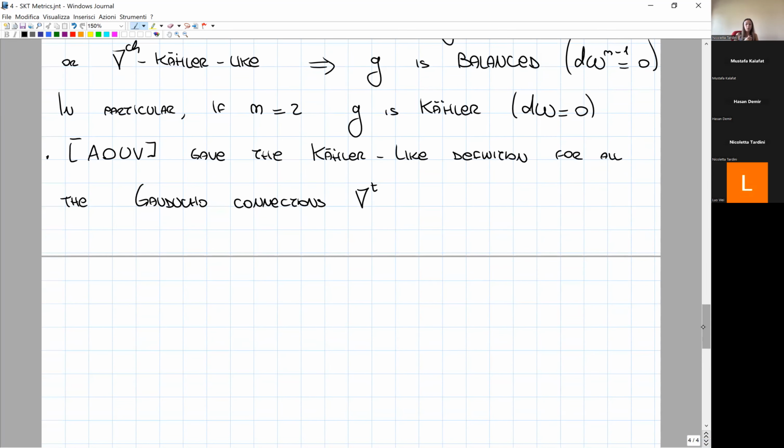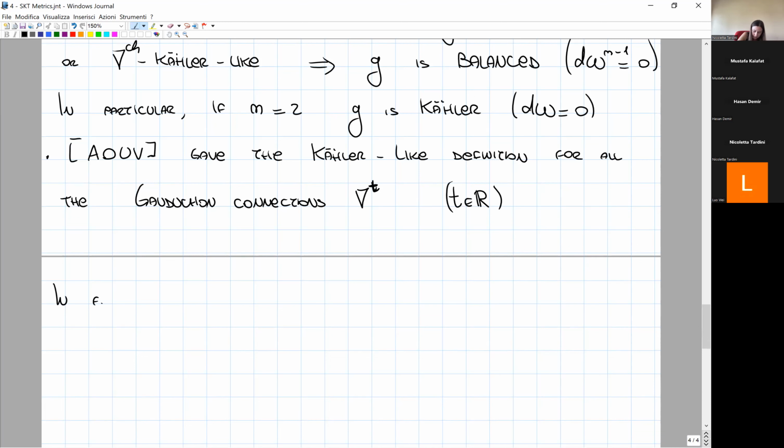Gauduchon proved that the canonical Hermitian connections are prescribed by their torsion, and we have a line of connections parameterized by this t in R. In this line we have the Bismut connection and the Chern connection.